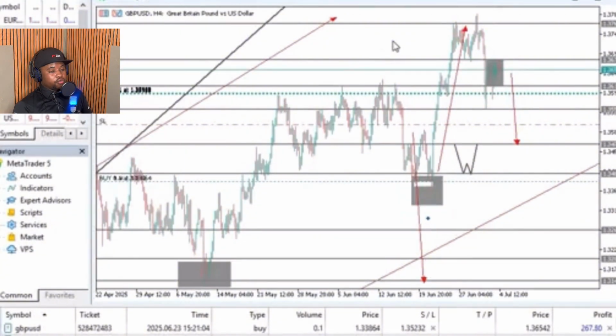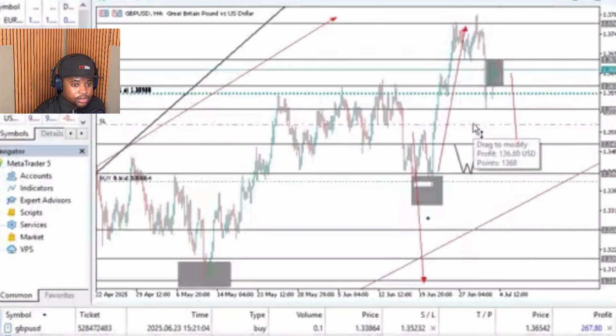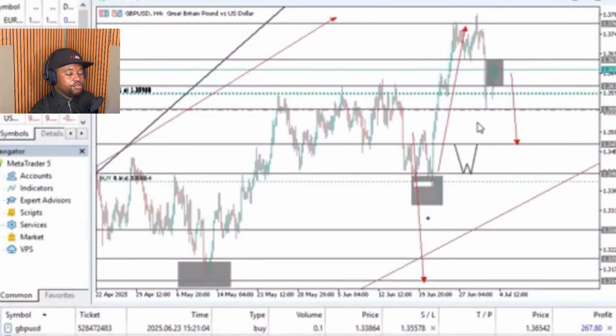So in that case, I'll just take it at this point here and put my stop loss level here at this point here, because the market has to actually break this zone here and shoot to the upside, right? So seeing that my stop loss level is at this point here, we still have assurity that as soon as the market comes to this point here, it will close some few profits, right, instead of just closing losses.